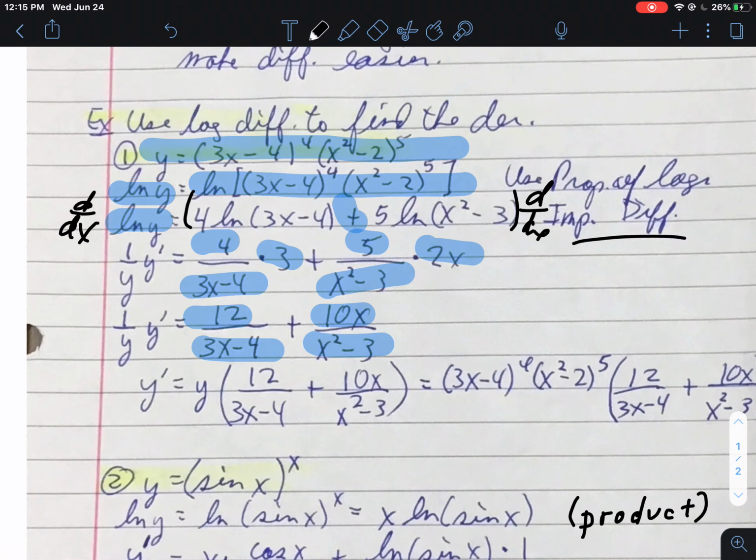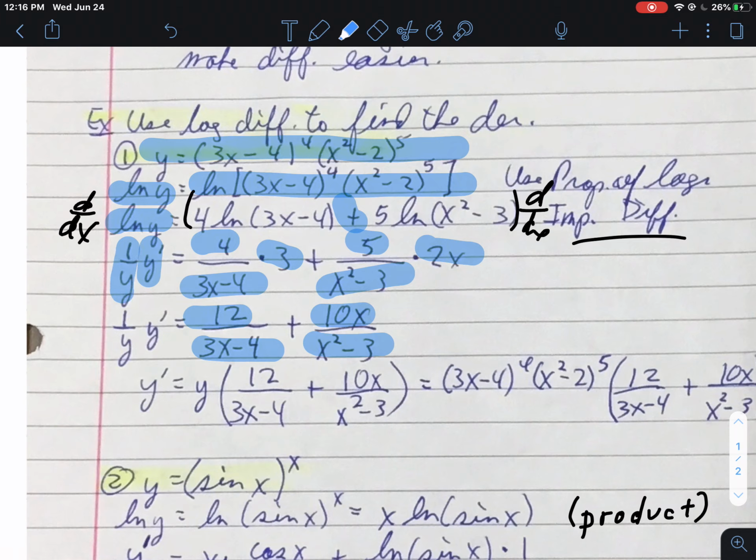The right side we took care of, once we rewrote it using the properties of logs, we differentiated as a log function. The left side, I'm differentiating ln of y. Again, I'm differentiating a log function. What's the derivative of the natural log function? It's the derivative of the argument divided by the argument. What's the derivative of y with respect to x? Well, it's y prime, dy/dx. That's our implicit differentiation.